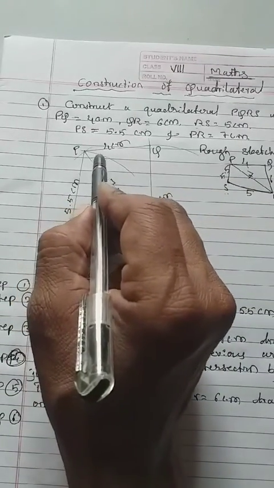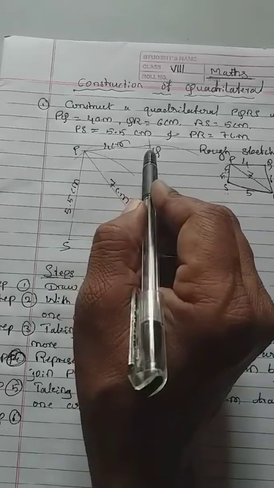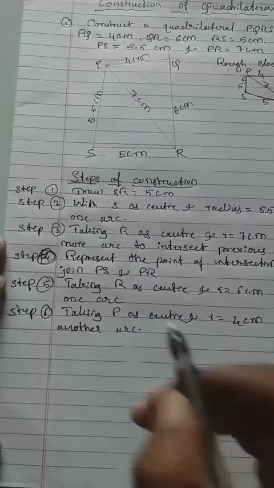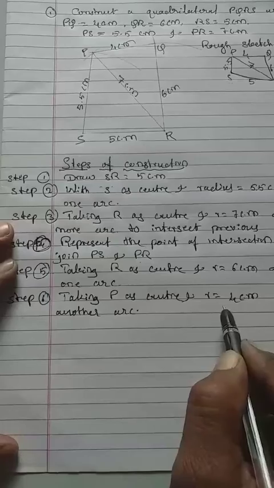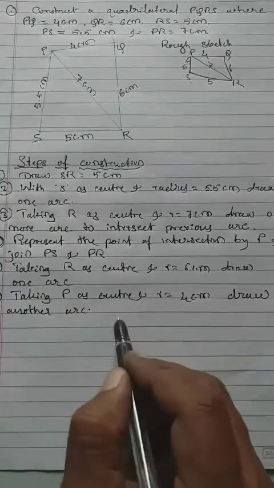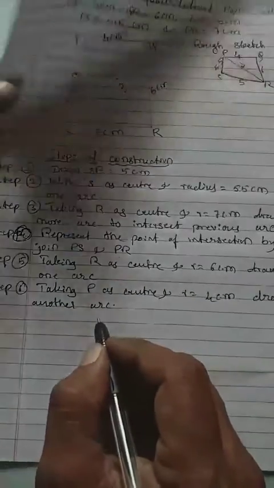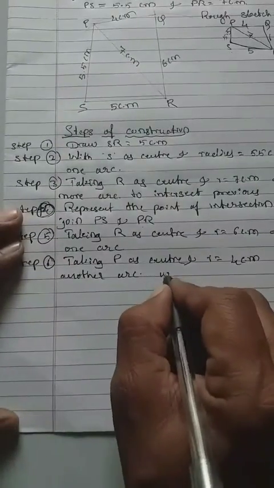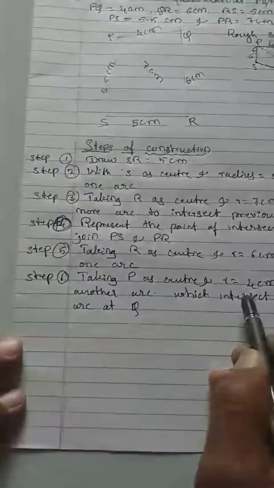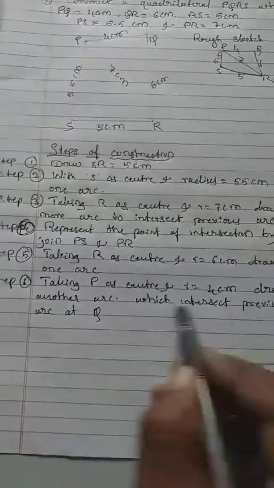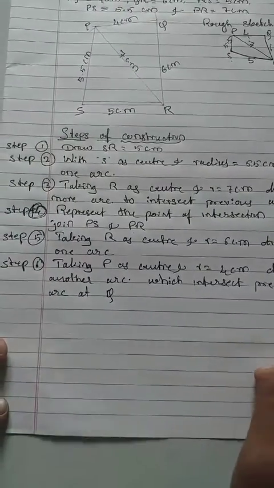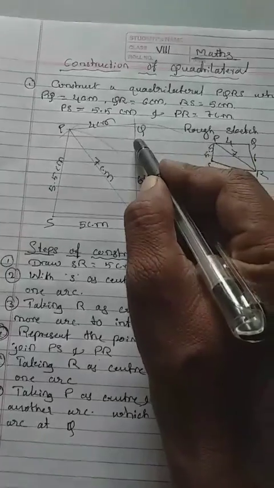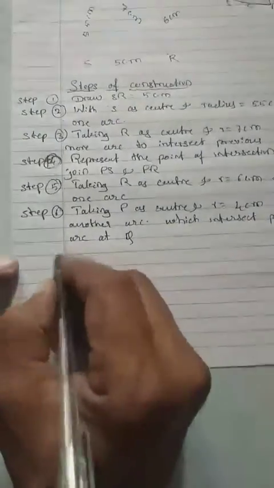Step 6, take P as center and radius 4 cm, draw another arc which intersects the previous arc at Q.